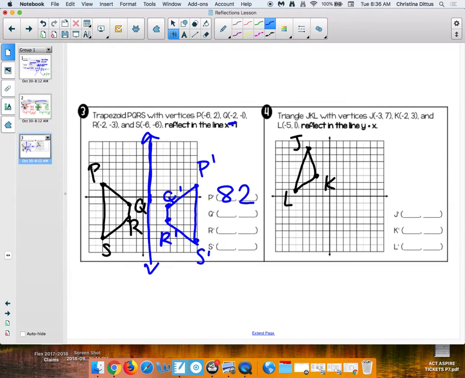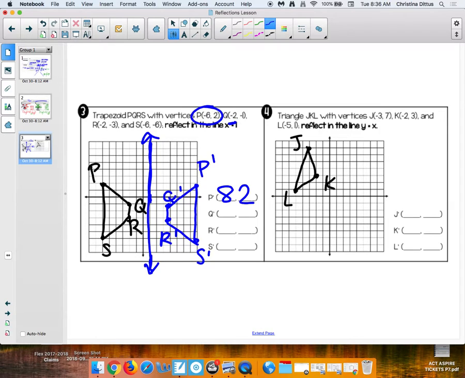If I look at my other coordinate, negative 6, 2, notice your Y doesn't change. The only thing that changes is your X. In this instance, it's not just flipped because we're at positive 1, not 0. When we're at 0, you just flip it negative and positive.